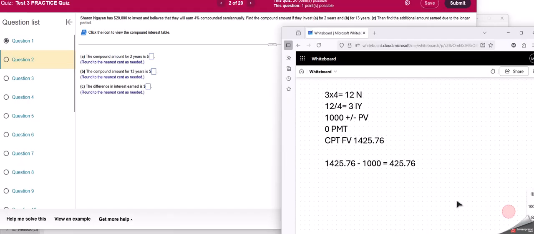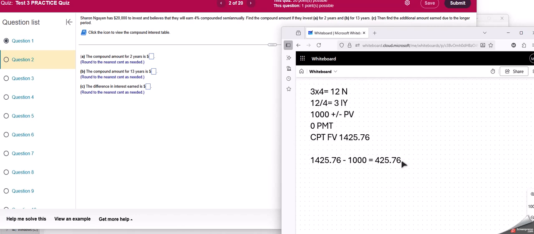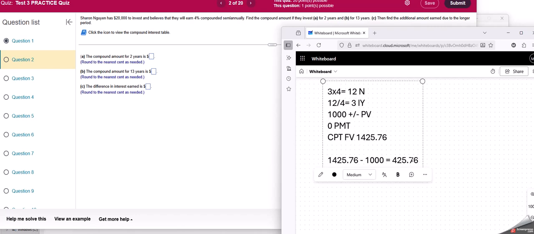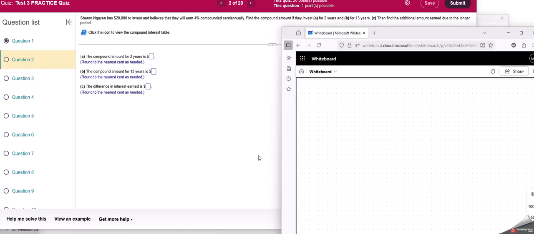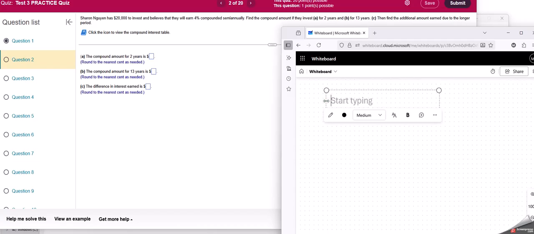Okay, then question 2. Sharon has $20,000 to invest, and she believes that they will earn 4% semi-annually.